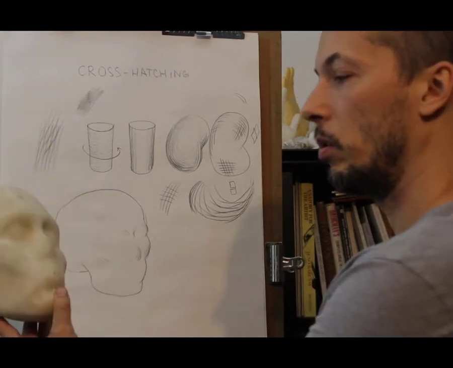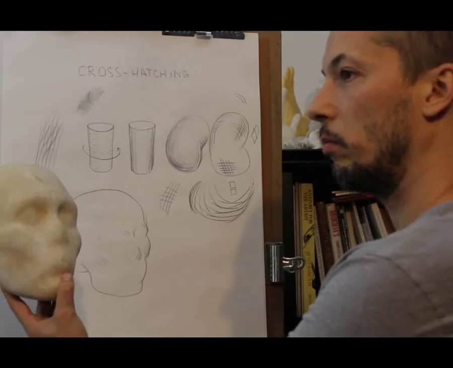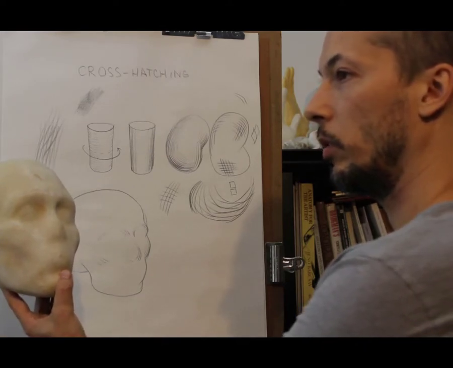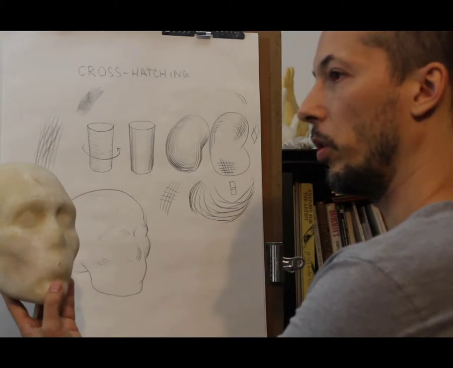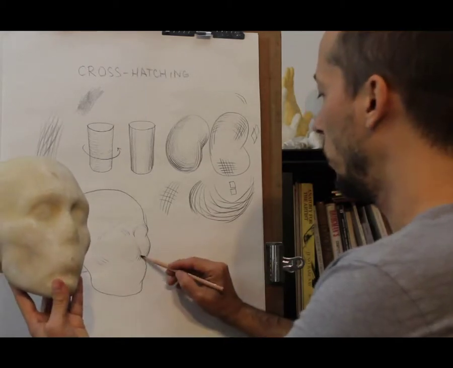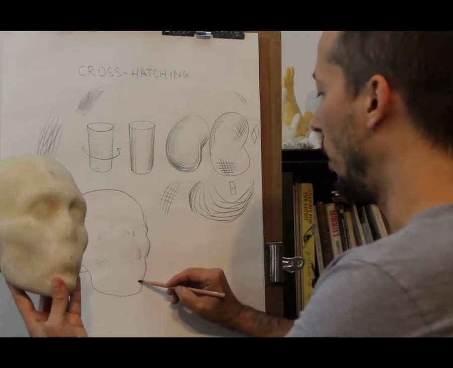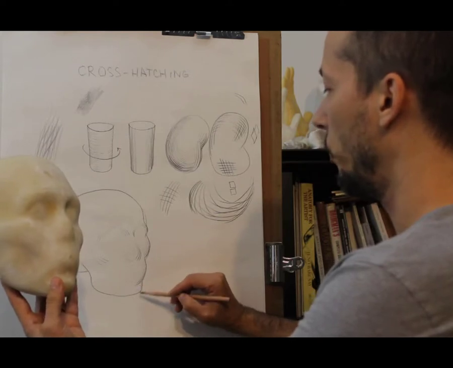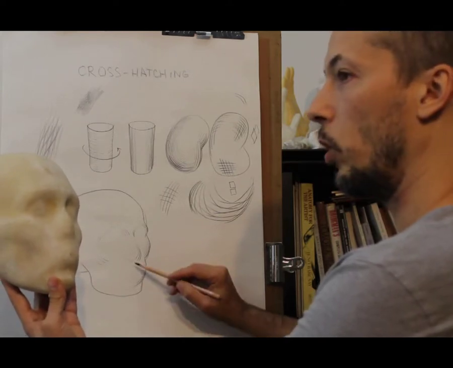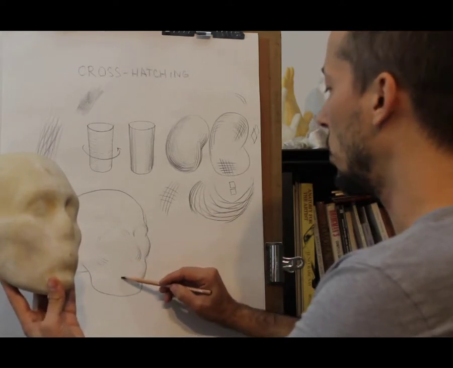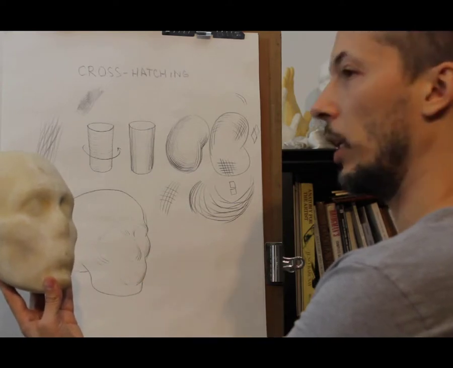So here's what I'm drawing, right there. Same thing with the mouth. Maybe a little bit more shadow towards the bottom. And where is it on the other side? Let's suggest it a little bit like this.